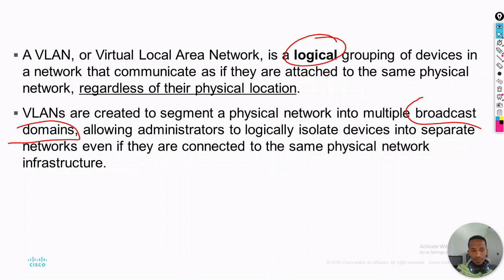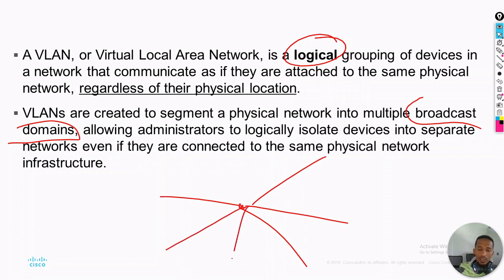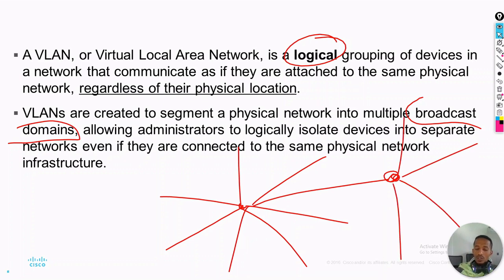Let us say this is a switch, and you have multiple devices connected to the network. Here we have another switch, and other devices are connected, and so on. A broadcast message is sent from here to everybody in the network. If this PC also has a broadcast message, it will send it to everyone.